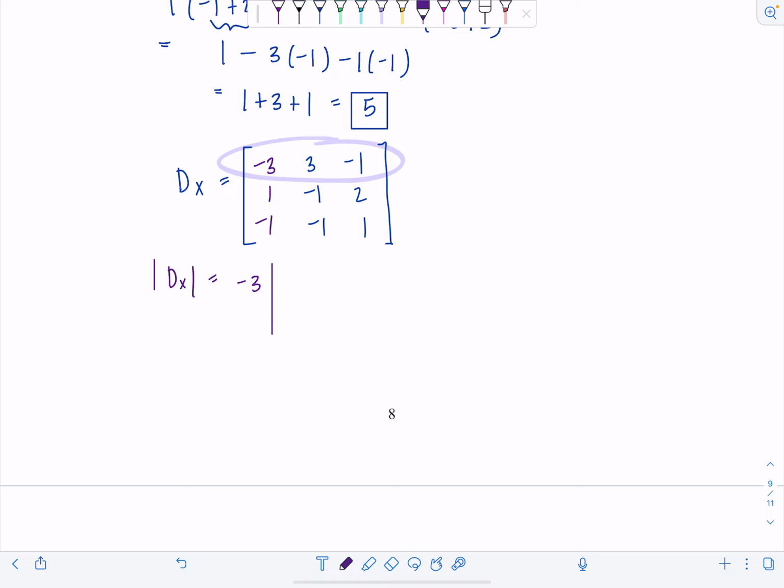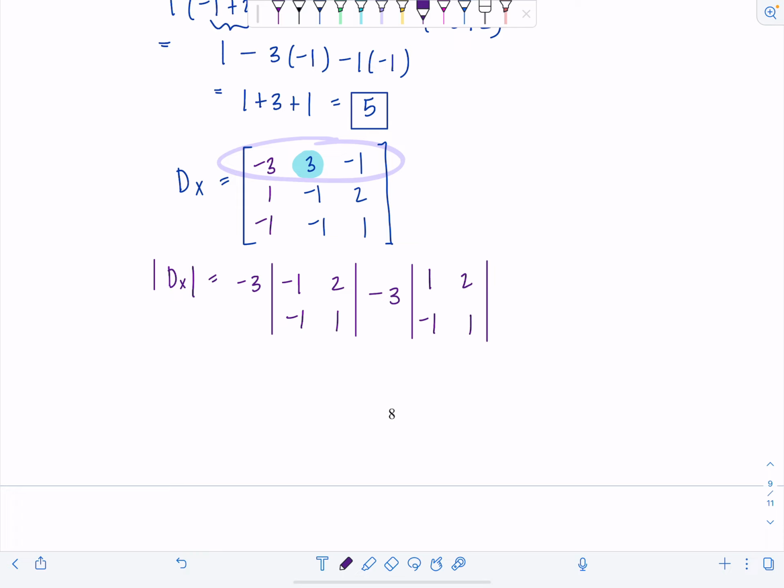-3 times, let's see what's left over. That's gone, that's gone. It's going to be -1, 2, -1, 1. Then switch the sign for this next entry here. So -3 times, if I get rid of that row, that column, I have left 1, 2, -1, 1.